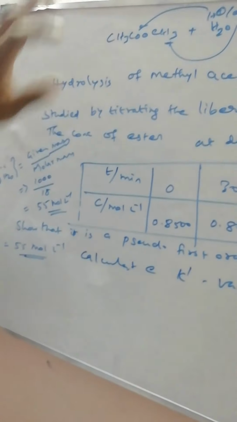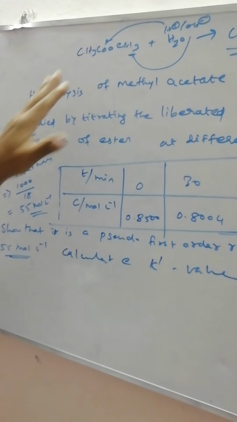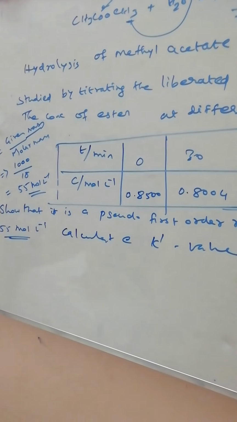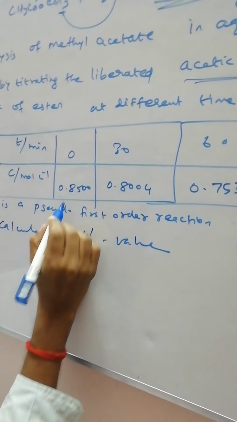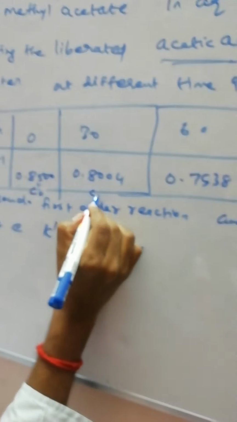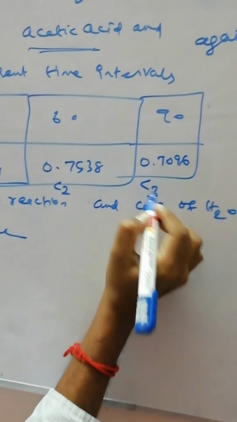In the ester reaction, this reaction is taking place at different time intervals and concentrations. Time is 0, 30, 60, 90. Initial time 0 is taken as C0. Concentrations C0, C1, C2, C3.